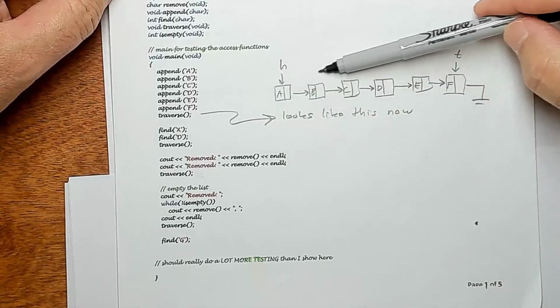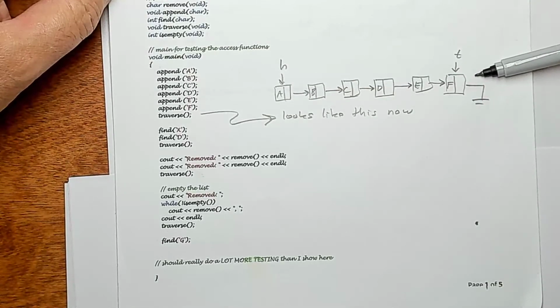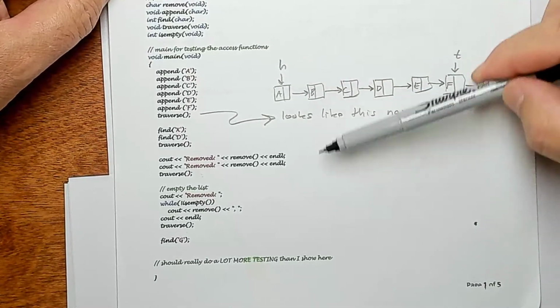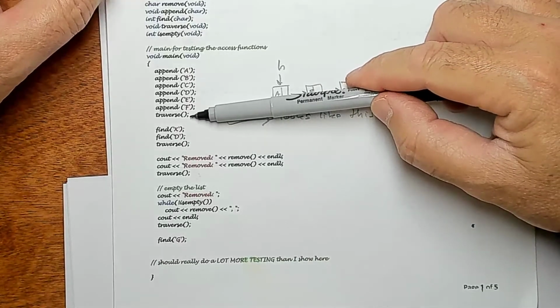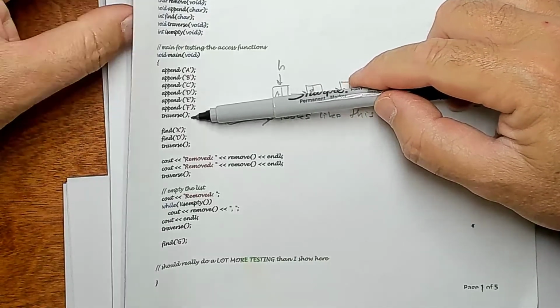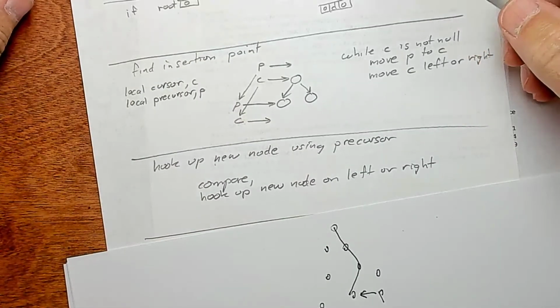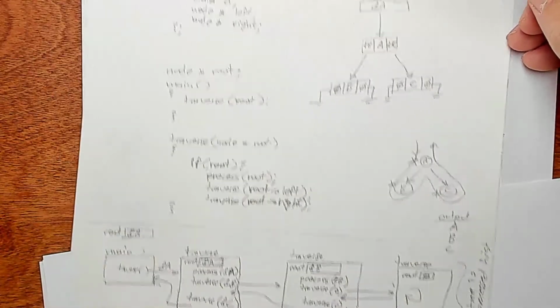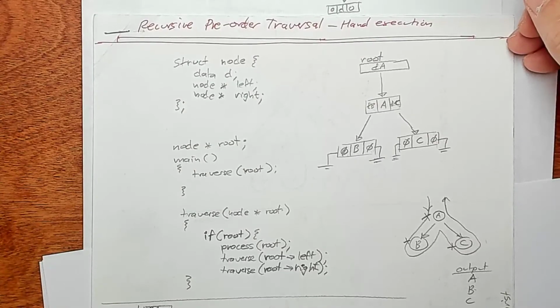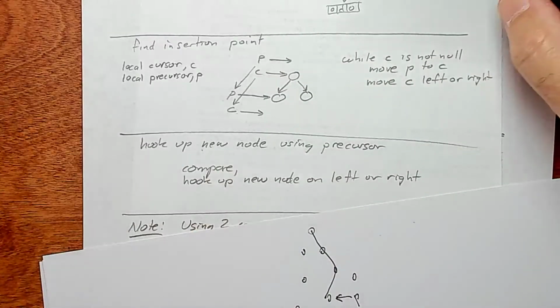Like here, when we traverse, we just go straight on down, but now we need to check, do we go left, do we go right? It's very similar to what I did in traverse here. Traverse is in here somewhere. That'll help you. What else will help you? This is posted. I'm not sure if that's super useful, but that's up there.